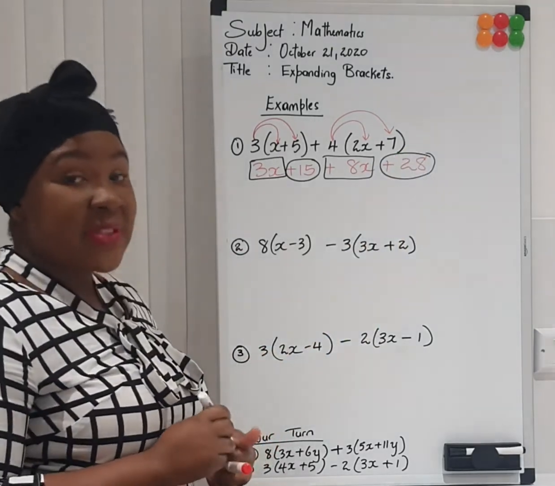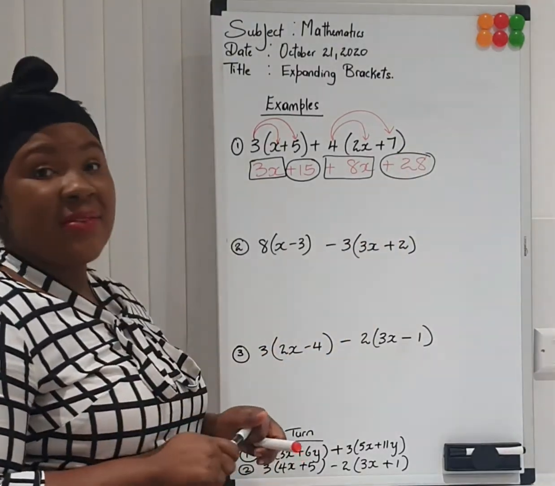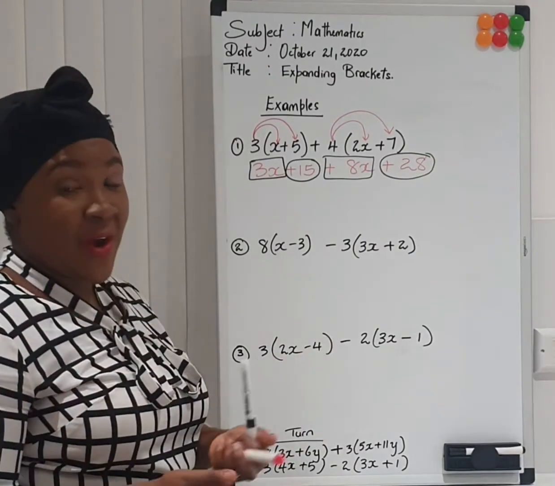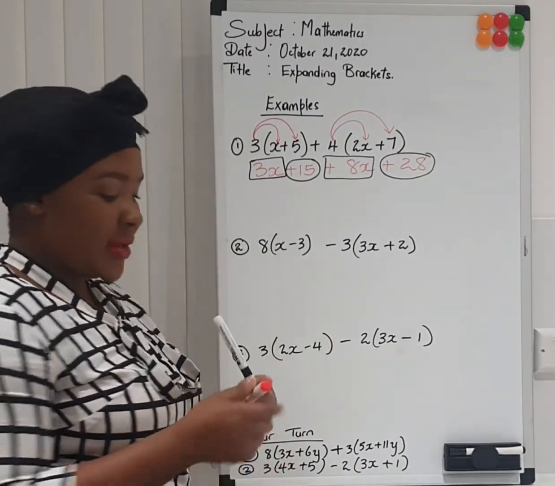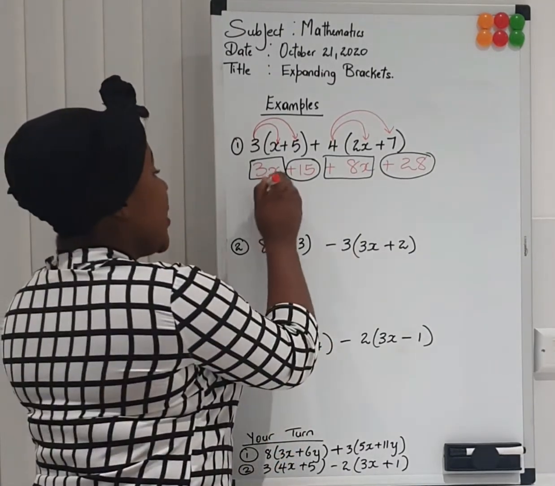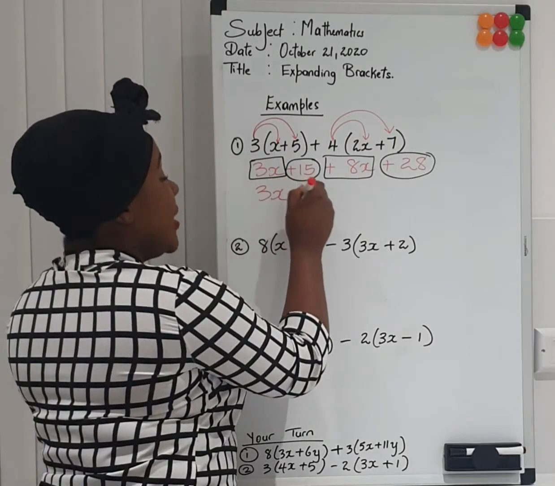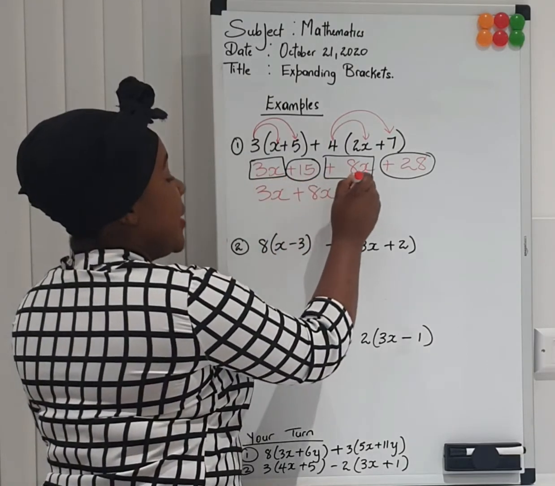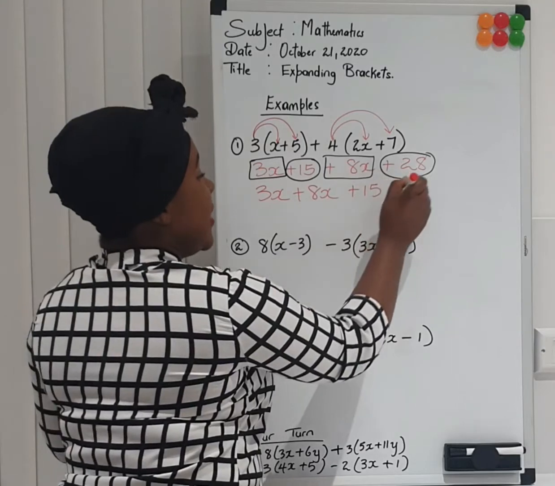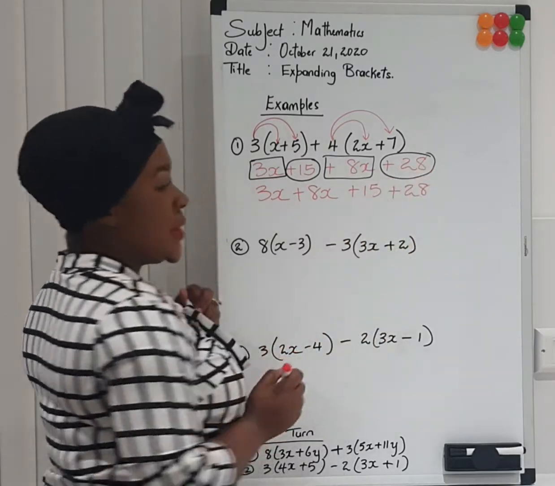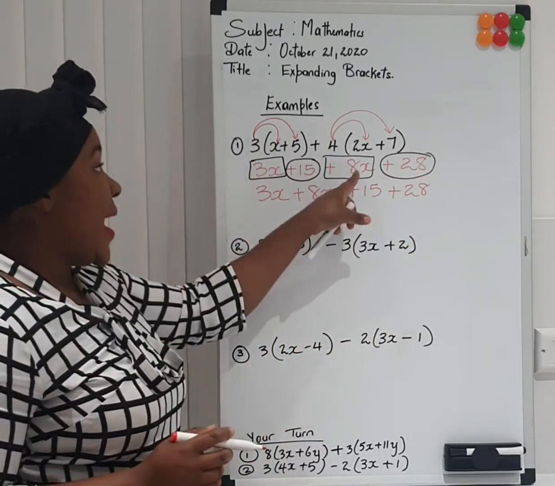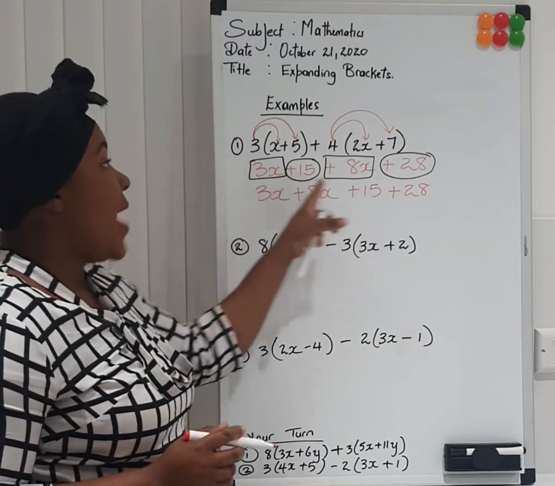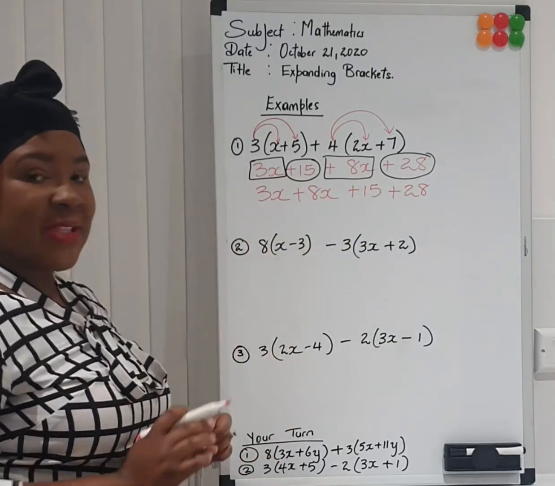Both of those are constants, meaning that they are numbers that don't have any variable, so they go together. So let's group. So we have 3x plus 8x plus 15 plus 28. Good? So I brought the x's together and the constants by themselves over there.